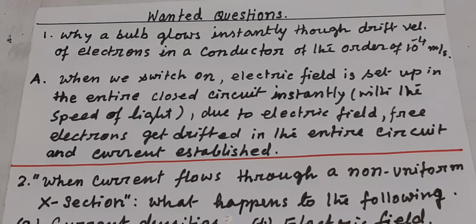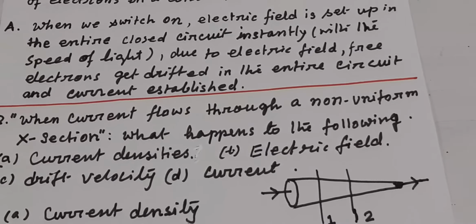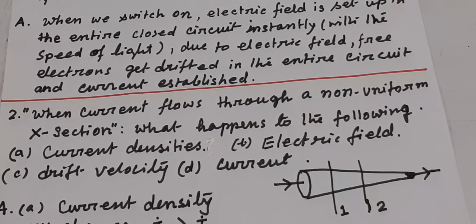Now, due to the electric field, free electrons get drifted in the entire circuit and current is established without taking time. So it glows immediately.